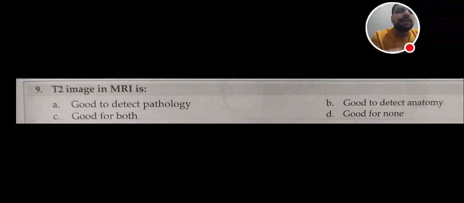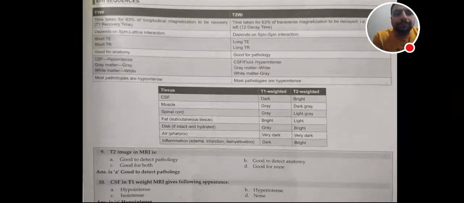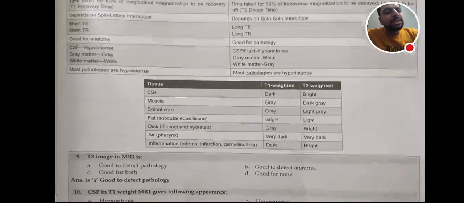Okay. T2 image in MRI. Remember, when you are in first year, your first subject is anatomy, and after anatomy you are going to study pathology, the second one. So T1 image is for anatomy, the first subject, and T2 imaging is for pathology. Remember it this way, as a mnemonic. T2 image in MRI is good to detect pathology, but good to detect anatomy is T1.